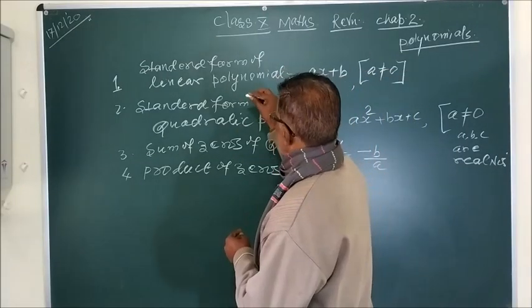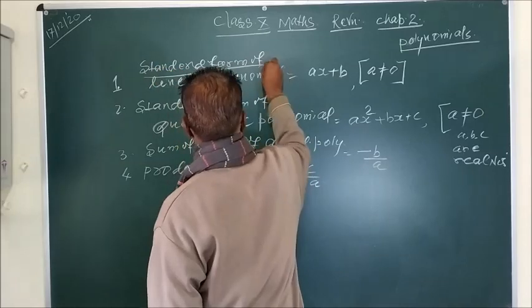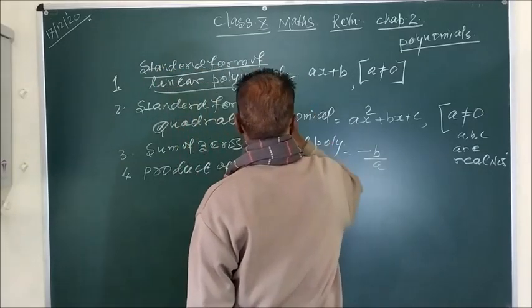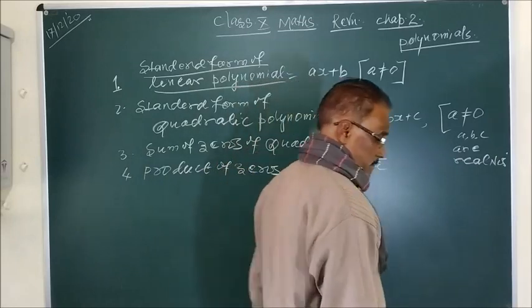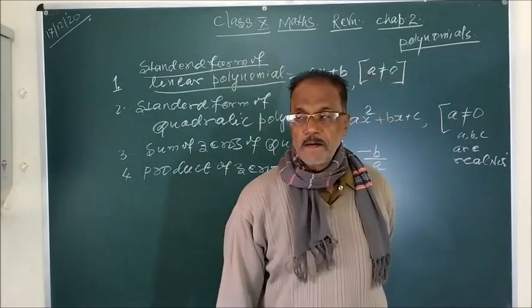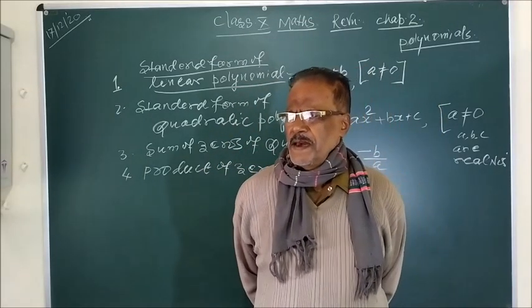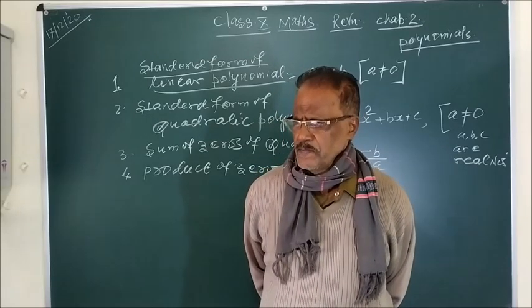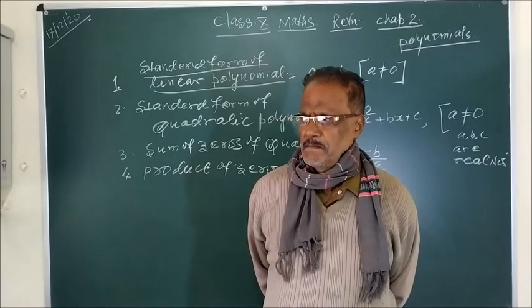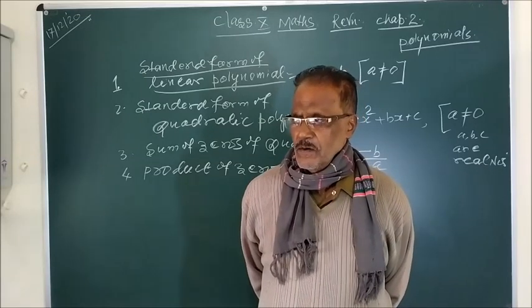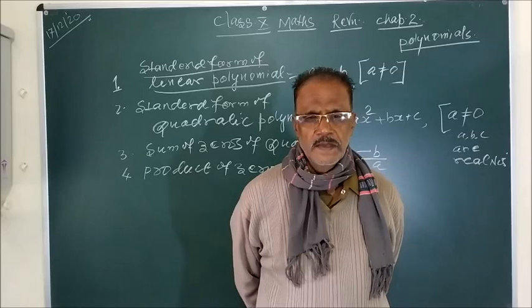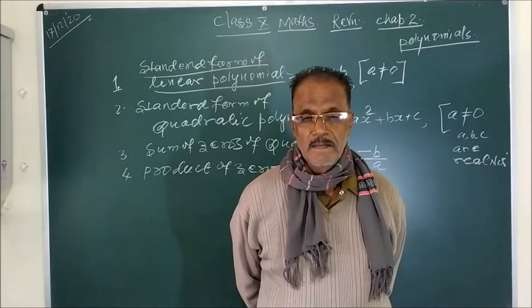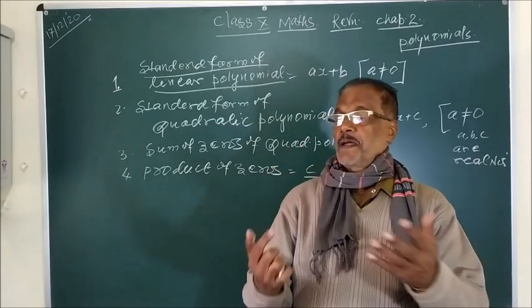Now you see the standard form of a polynomial according to degree, according to the power of the variable. There are many kinds of polynomials: linear polynomial, quadratic polynomial, cubic polynomial, biquadratic polynomial, like that.